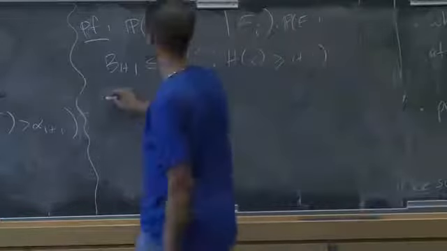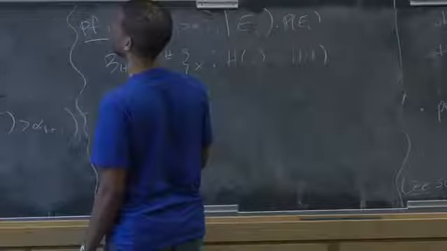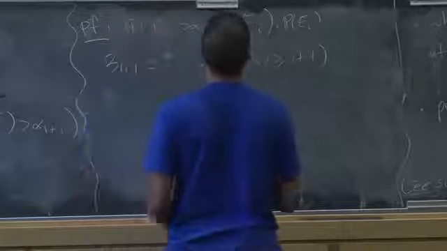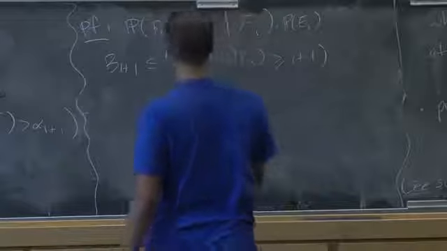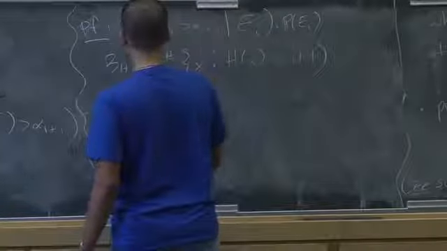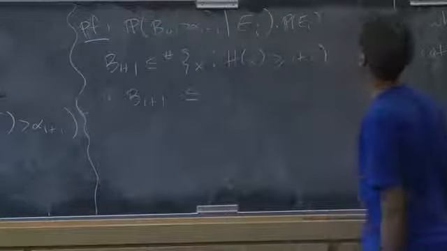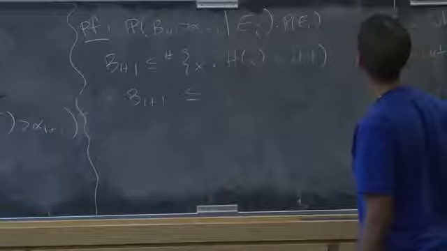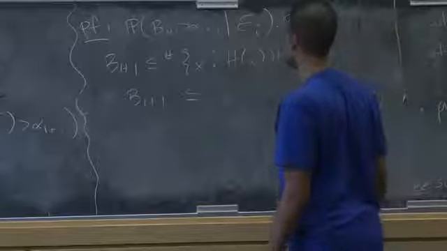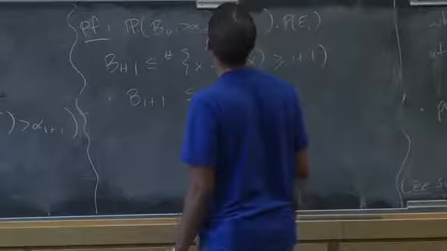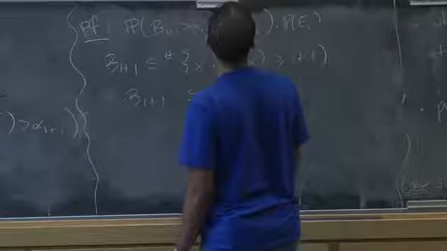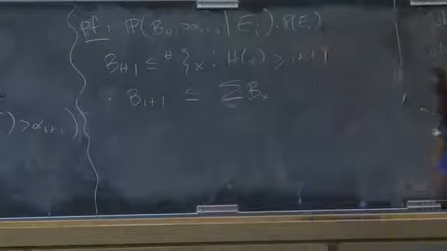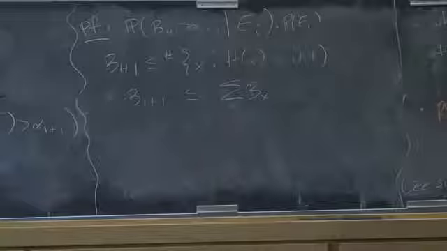So now, again, b_(i+1) is at most that same exact thing, which is the sum over x of b_x's. I shouldn't have used the same letter to mean loads of.